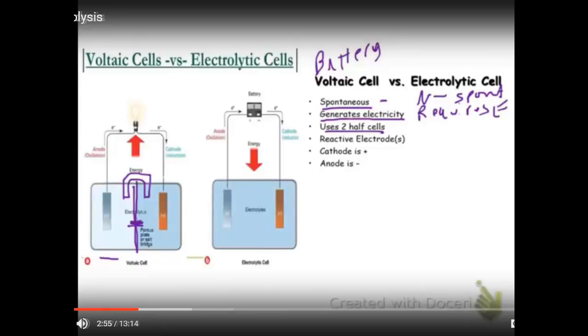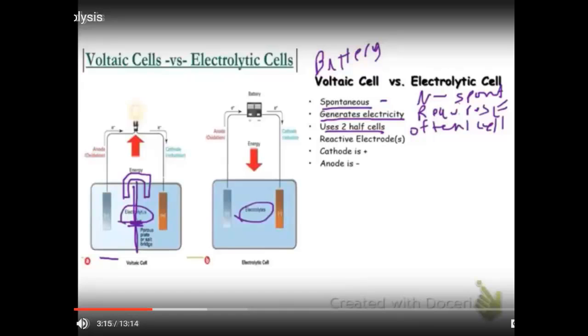Whereas in electrolysis, you will often, not always, but you will often see just one cell. Sometimes they'll be separated, but usually it's just one cell. And then they both have electrolytes.